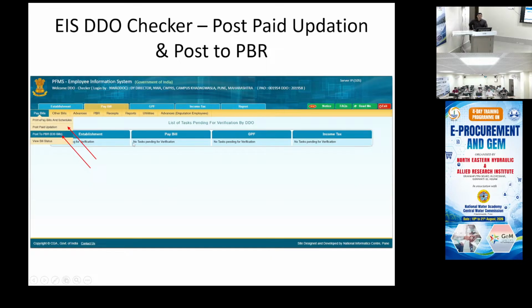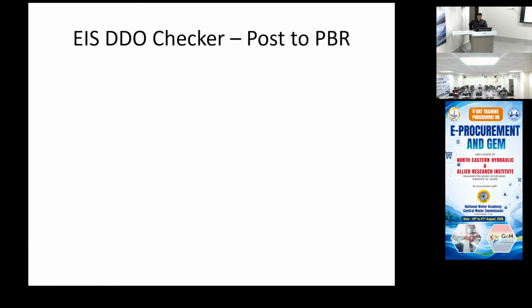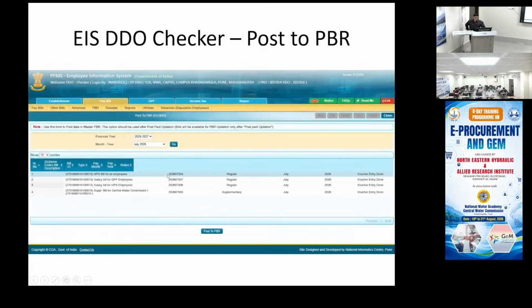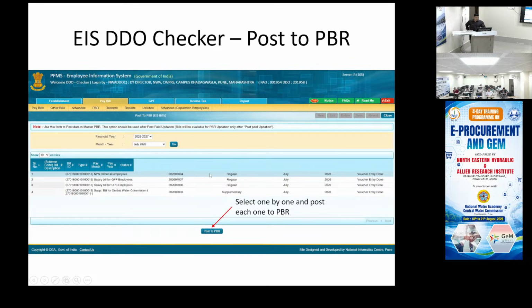So unless this is done, you cannot generate the bill for the next month. You have to do post to PBR. For example, prior to generation of August bill, you have to do the post to PBR of all the July payments. So you have to select one by one and do post to PBR.